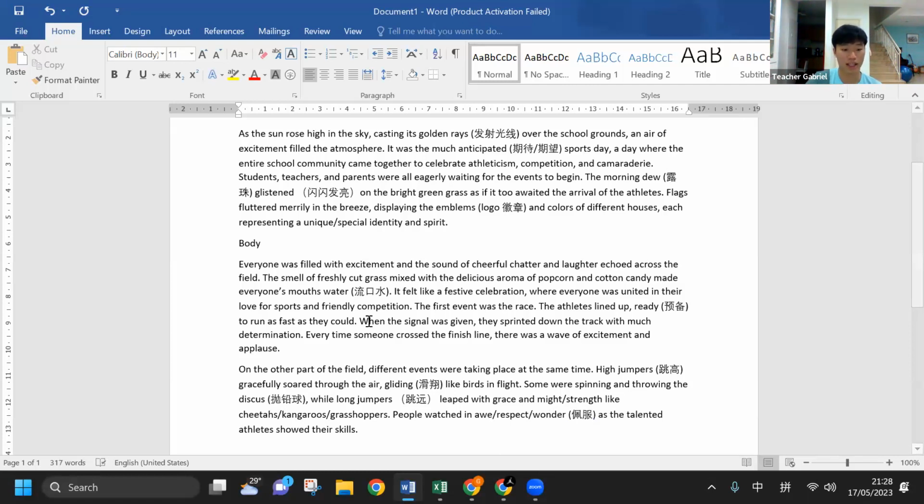As the talented athletes showed their skills. 这些很厉害的这些人 showed off their skills like jumping or running or throwing the discus.